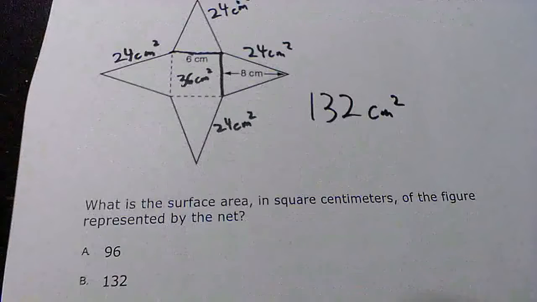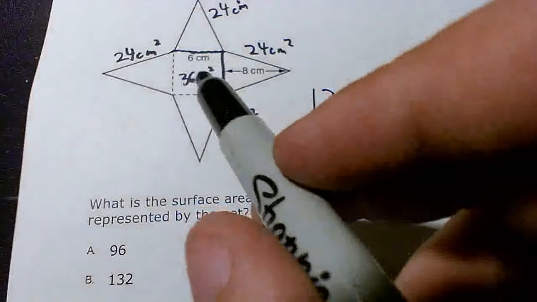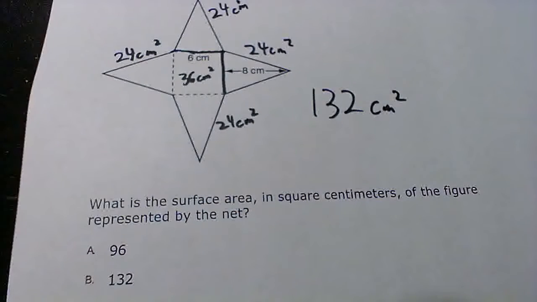Which would be answer choice B. Another important thing I would like to point out that is very common is one of the answer choices was 96, which is what happens if you forgot to add the area of the square in the center.